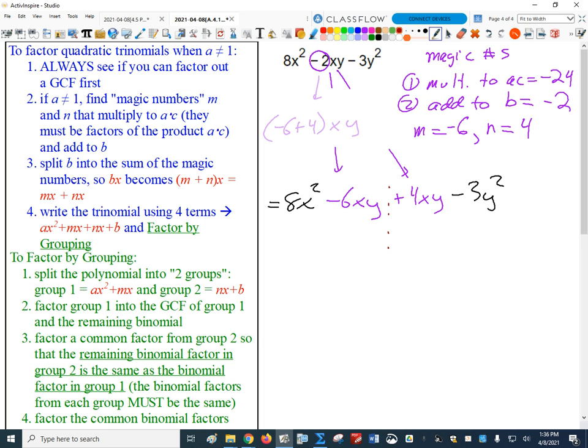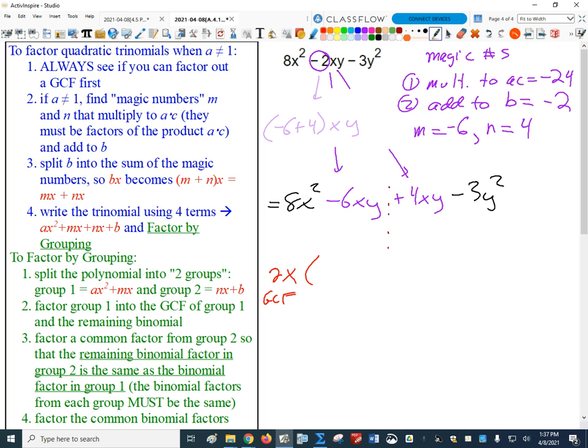What's the greatest common factor in the first group? What do you get for the greatest common factor in that first group? 2. Well, no, 2 is fine, but what else? X. X, good. I could undistribute an X also, couldn't I? So my GCF there is 2x.